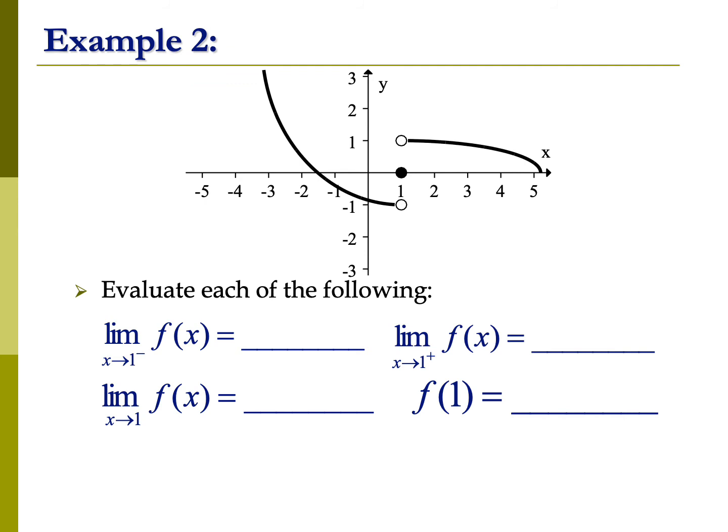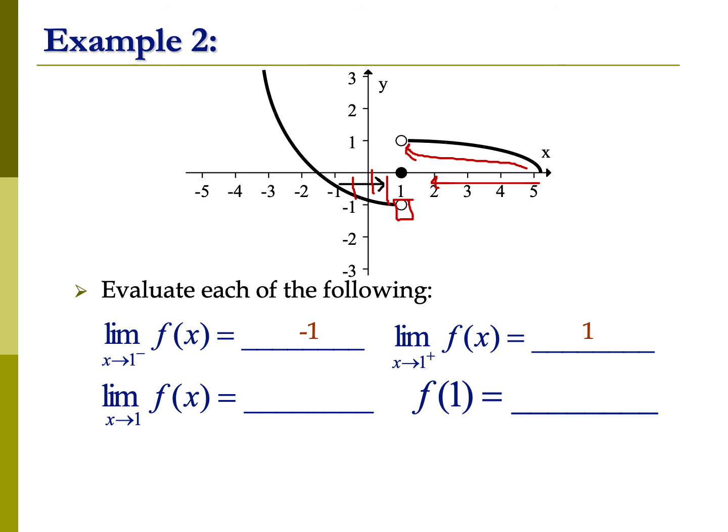The limit from the left when x goes to 1, so also we go to 1 from the left. In this case, we know the heights are like these. So the heights are going to -1. That means the limit from the left is -1, while from the right, the heights are going like that till reaching 1. So the limit from the right is 1.